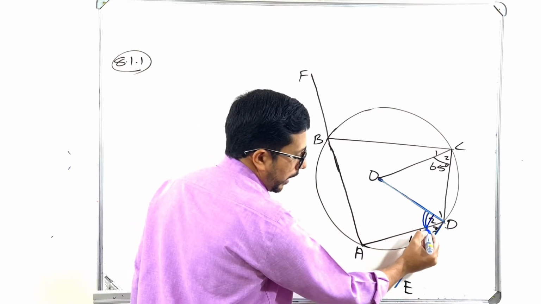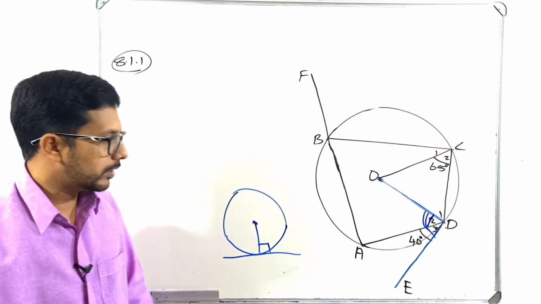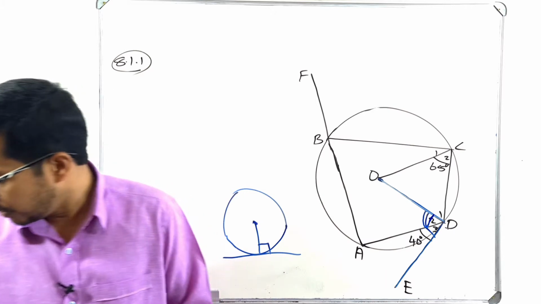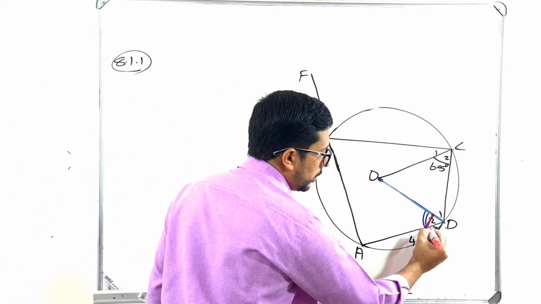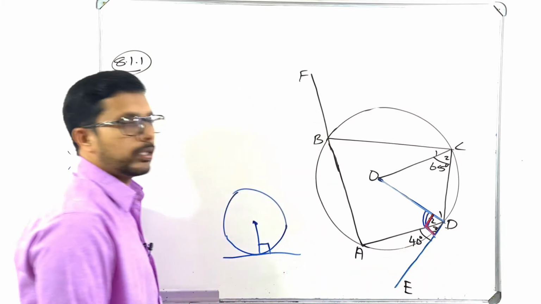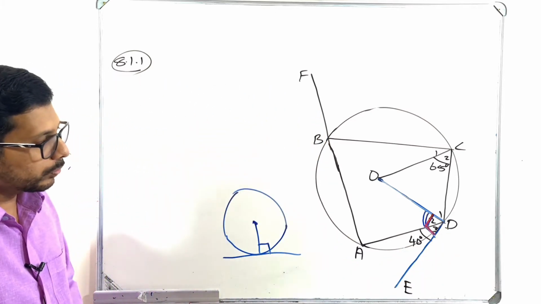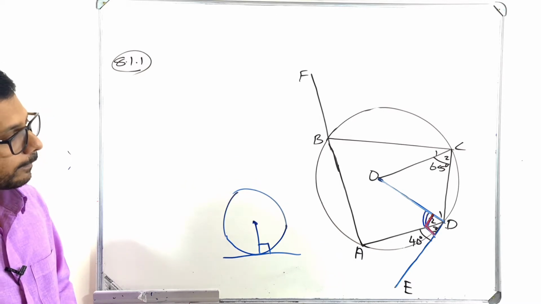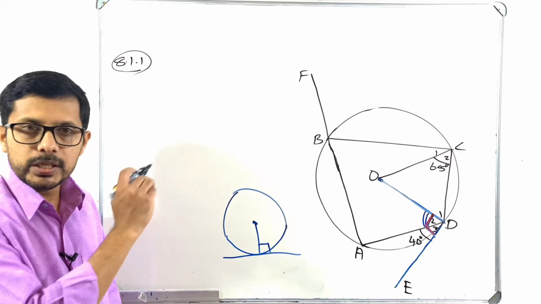So what is this angle? This angle is supposed to be 90 degrees, that is D2 plus D3. Okay, so this angle is 90 degrees because radius is perpendicular to tangent. Am I right? Okay, so here first of all we can write D2 plus D3, or ODE.